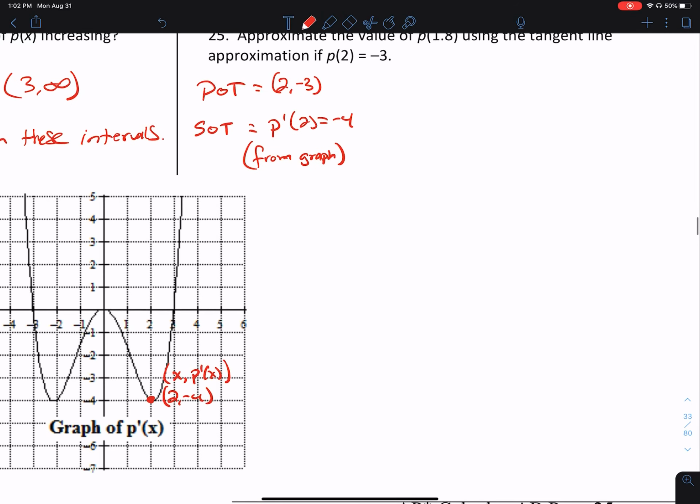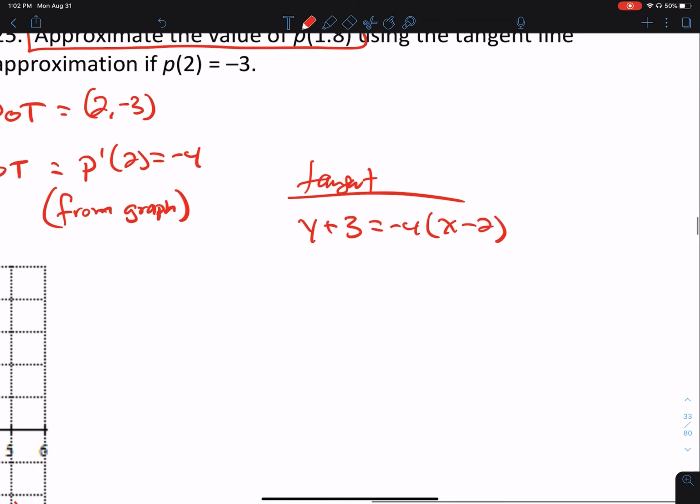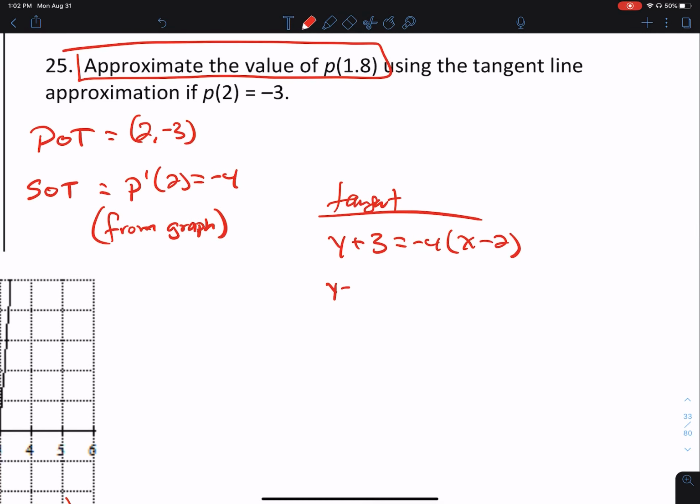If you have a point of tangency and a slope of tangency, you can make a tangent line. It's y minus y sub 1 equals the slope times the difference of x and x sub 1. The question didn't ask us to make the tangent line, but we had to make the tangent line to do this. We're supposed to approximate the value of p of 1.8. So using this tangent line, we're going to approximate y plus 3 is negative 4 times 1.8 minus 2.